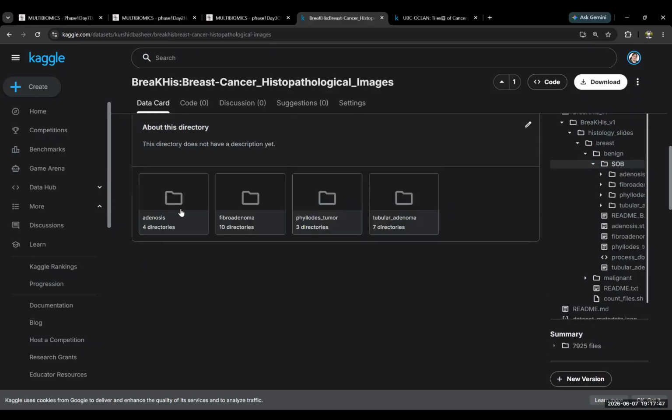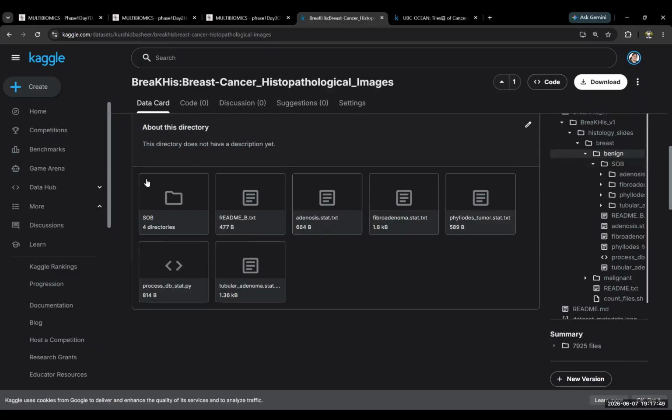Now, SOB is nothing but the procedure from which you have done this biopsy. Okay, and in this we have got 4 types. The first type of benign cancer, sorry, not cancer, I'll say benign tumor, is adenosis, and the statistics are given.